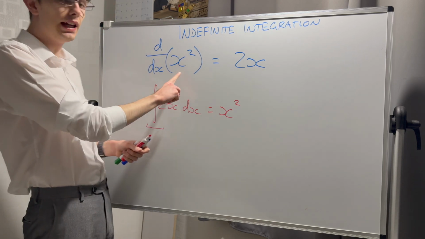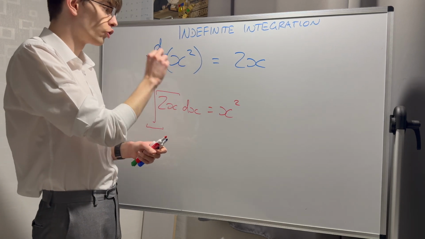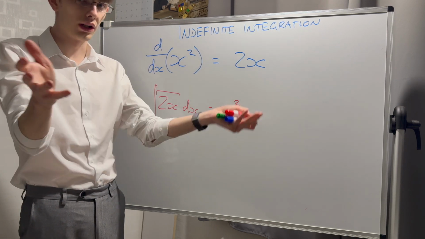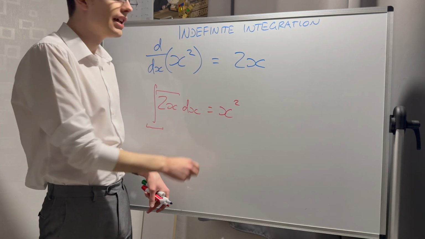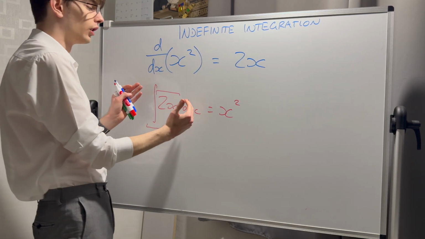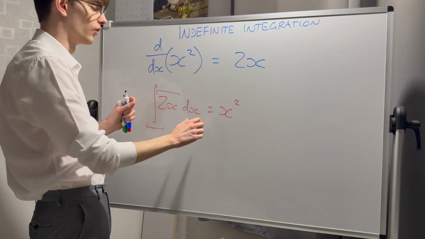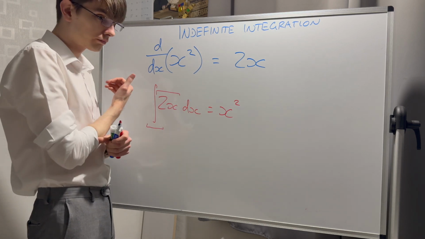The same way up here, I write d by dx to let me know that I am only interested in the x variable. Anything else, a, y, lambda, whatever, isn't going to be used. I need to add that here as well. It also kind of serves as a cutoff. After the dx, anything else is no longer included in the integral. The dx is the end of the integral. It's kind of like brackets on either side.